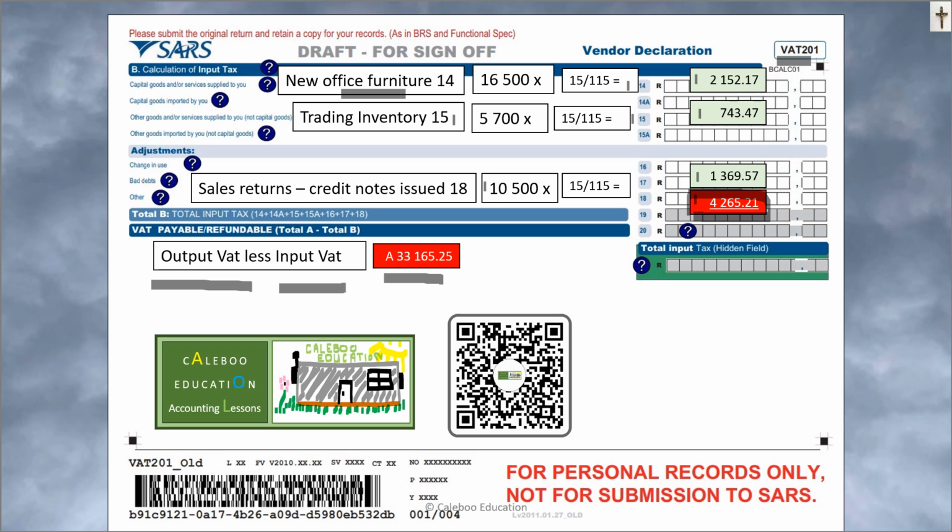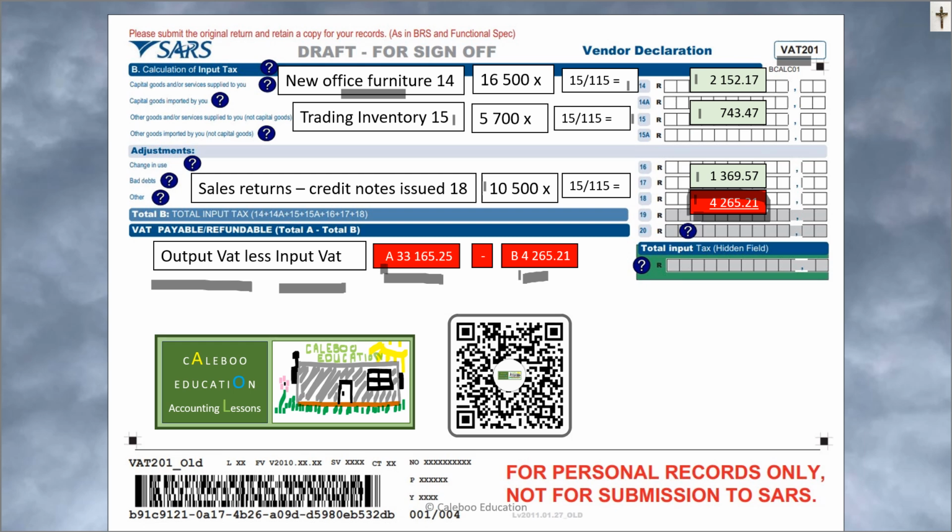The output VAT is 33,165.25 minus the input VAT, so it's A minus B.